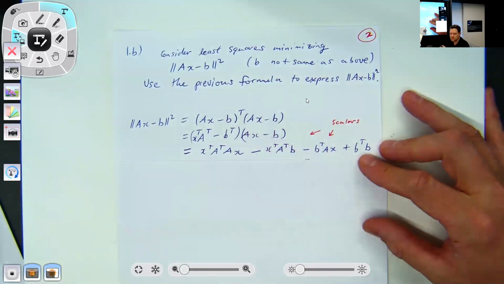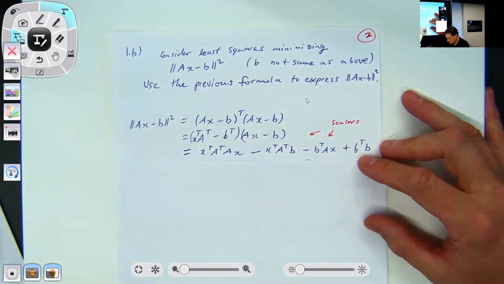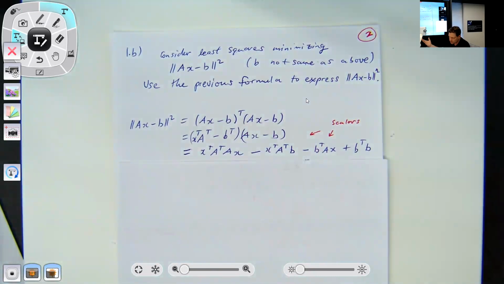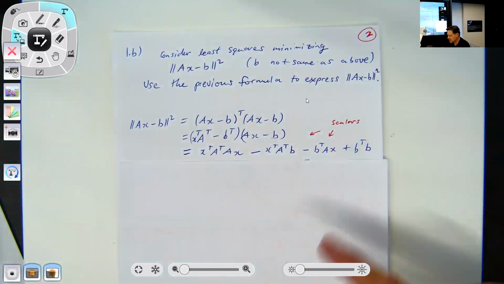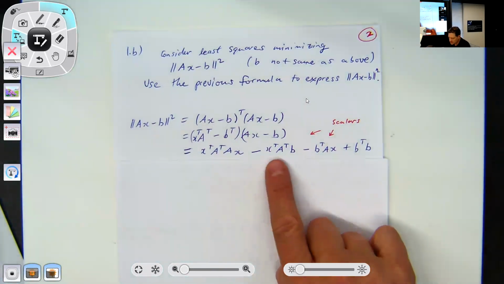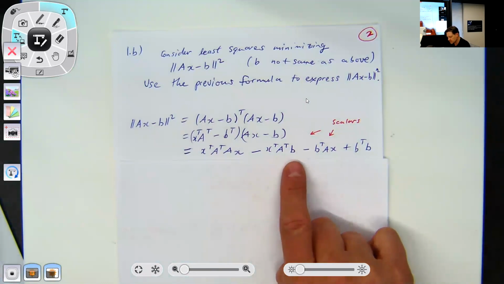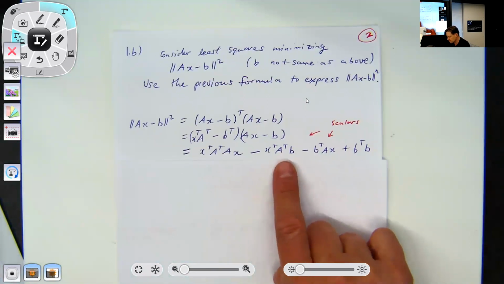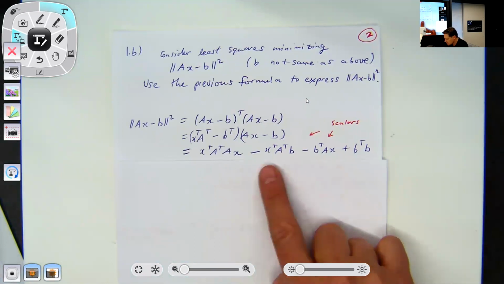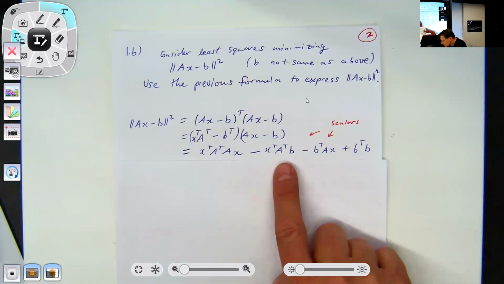Okay, so 4 terms. Now, we can note that AX is a column matrix, right? And so B transpose times AX should be a scalar. And likewise, X transpose A transpose B will be a scalar because it's just the transpose of this, right? So are these the same?